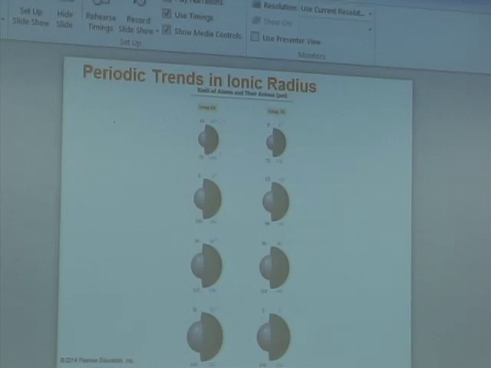So group 6A and group 7A. And we have fluorine, fluoride, oxide. So fluoride and oxide can have the same size, right? Chloride, sulfide, bromide.